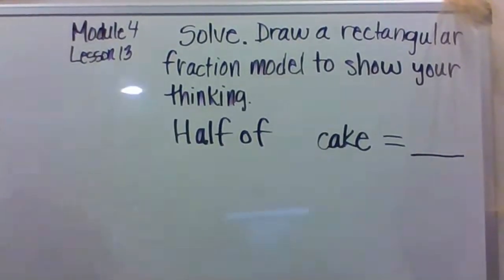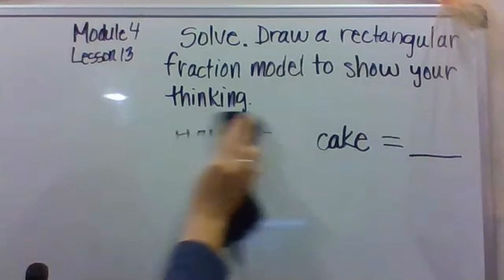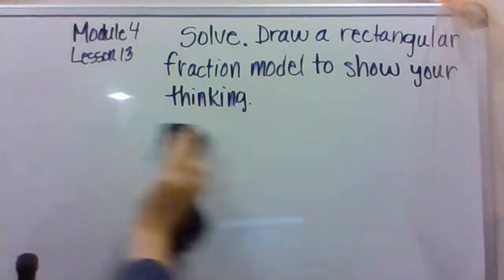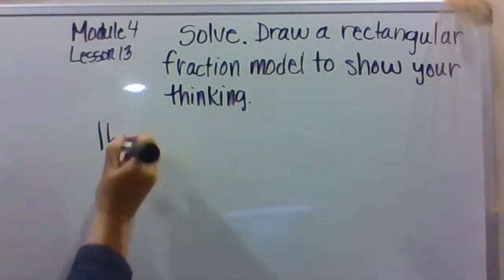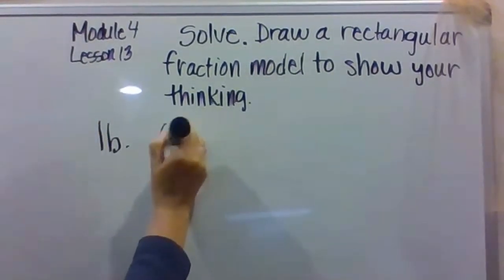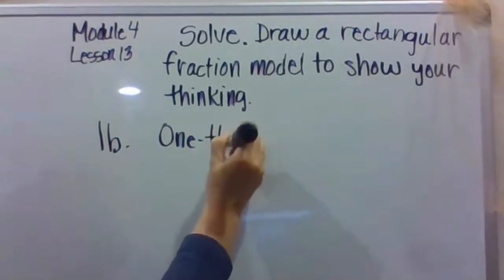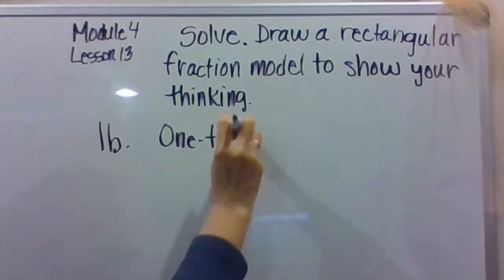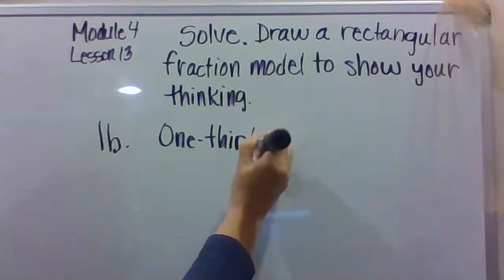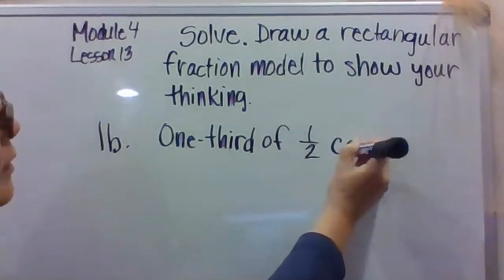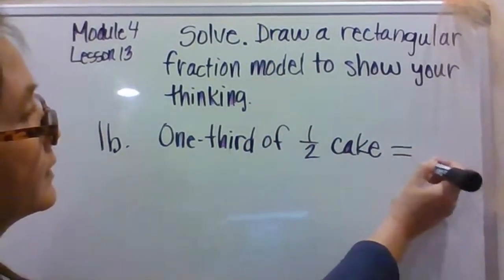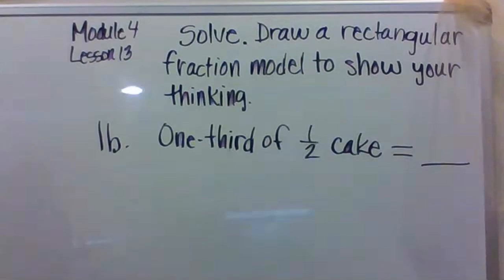So the next one, let's see, 1B, is, what is 1/3 of half the cake? What does that equal? Okay, so again, the directions tell us to solve. They want you to draw a rectangular fraction model to show your thinking.